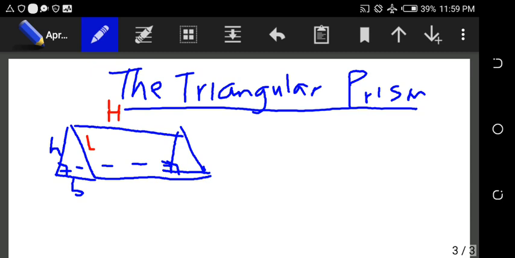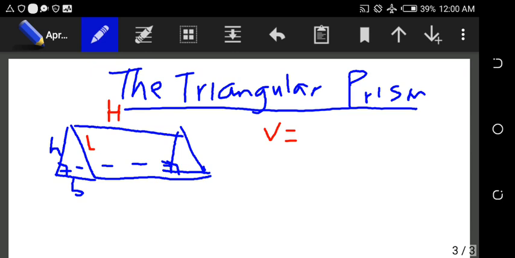Alright, so let's look at the formulas for the volume and the surface area. Let's try to derive that. Now for the volume, the volume is given by the base area times the height. Now the base area for this triangular prism is a right angle triangle, and the area of a right angle triangle is given by half base times height.